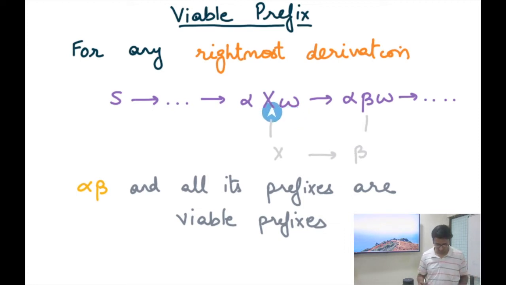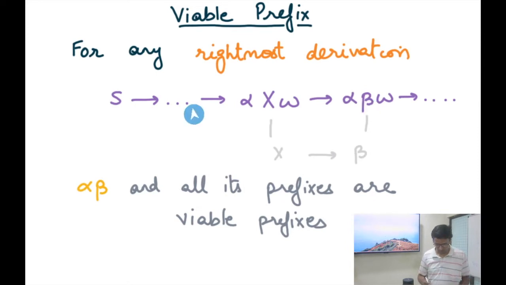And in this rightmost derivation, because X is the rightmost non-terminal, you basically produce beta from X. So you use the production X goes to beta to go from alpha X omega to alpha beta omega, where alpha is some string of terminals and non-terminals, X is a single non-terminal, and omega is some string of terminals. And similarly, beta is some string of terminals and non-terminals.